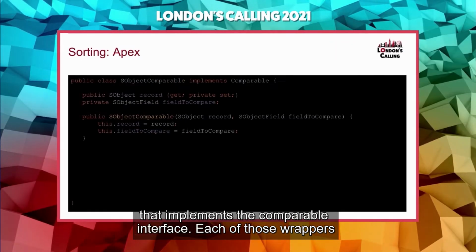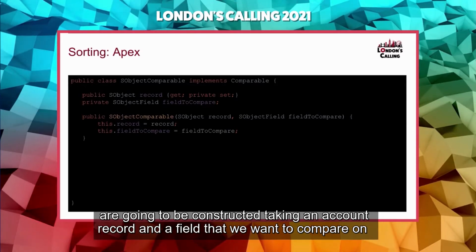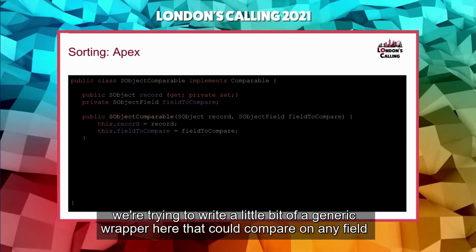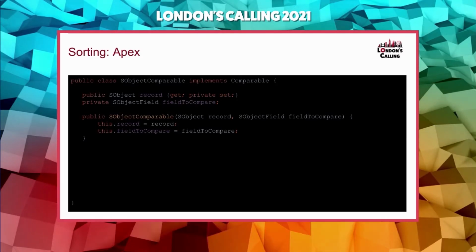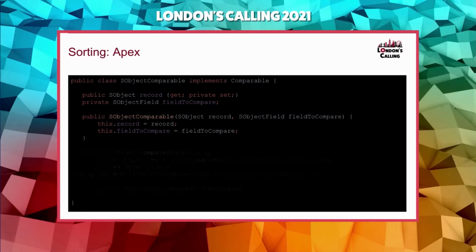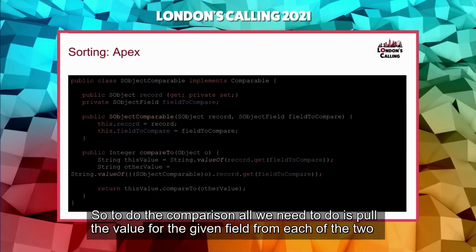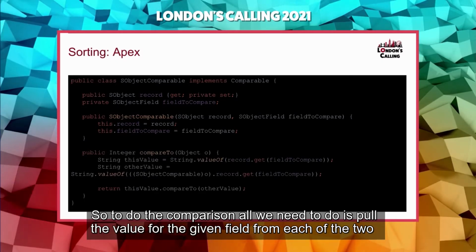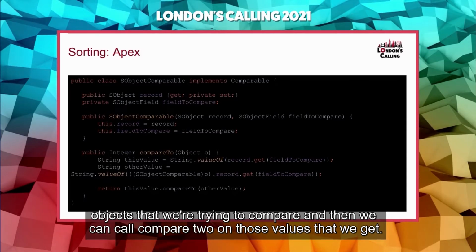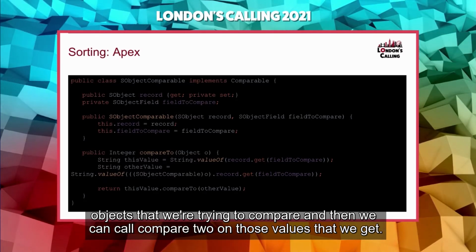Each of those wrappers is going to be constructed taking an account record and a field that we want to compare on. We're trying to write a little bit of a generic wrapper here that could compare on any field, just to be a little bit more general. To do the comparison, all we need to do is pull the value for the given field from each of the two objects that we're trying to compare, and then we can call compareTo on those values that we get.